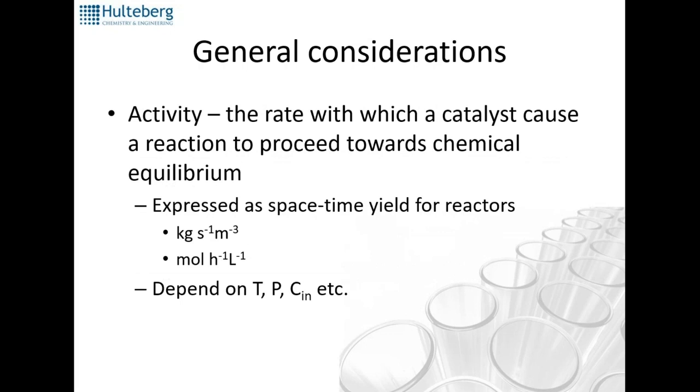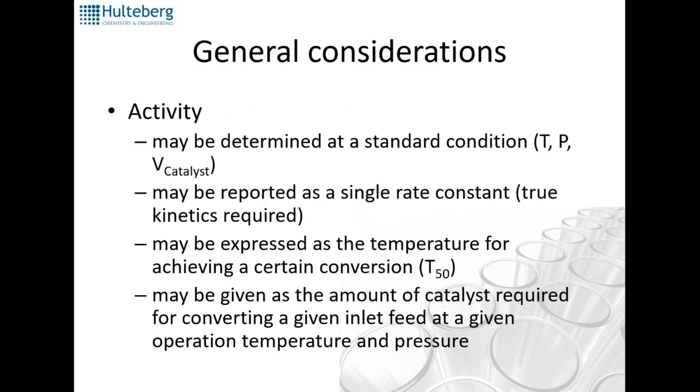Other important aspects are activity. Activity is the rate with which the catalyst causes a reaction to proceed towards chemical equilibrium. It's usually kilogram per second and cubic meter or mole per hour or liter. And this activity is strongly dependent on temperature, pressure, inlet concentrations, etc. And we can define this in many different ways.